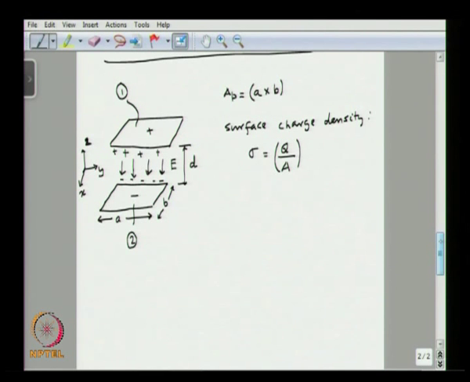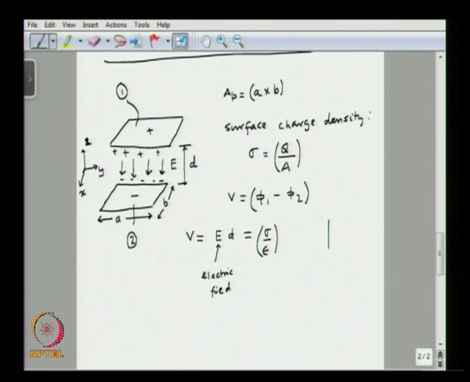And if the plates are at potential phi 1 and phi 2, the voltage across the capacitor can be written as phi 1 minus phi 2, okay. And so V can be written as E into D. E is the electric field, and D is the separation distance. So we can write this as sigma over epsilon.